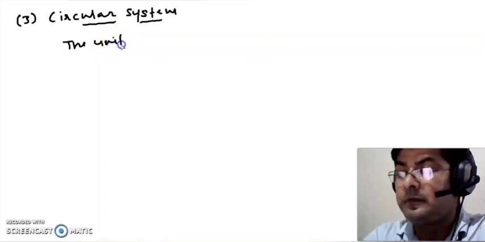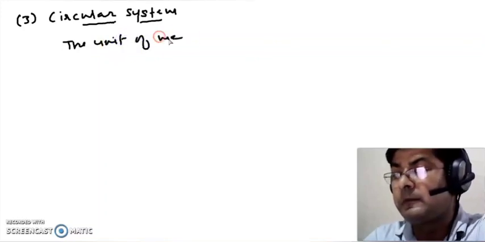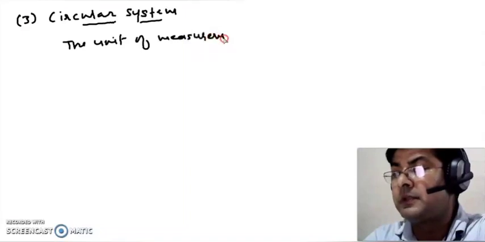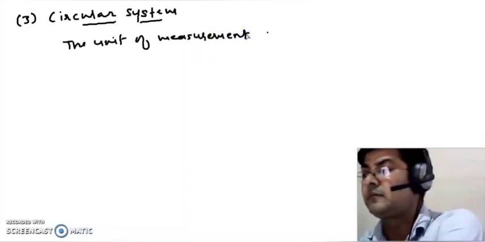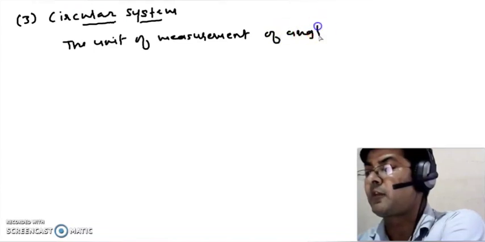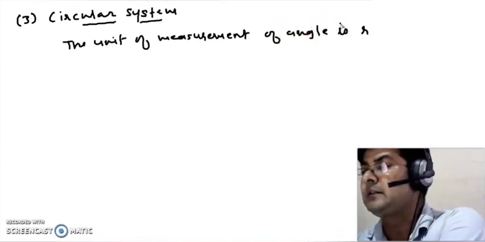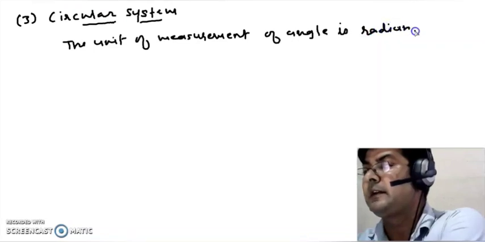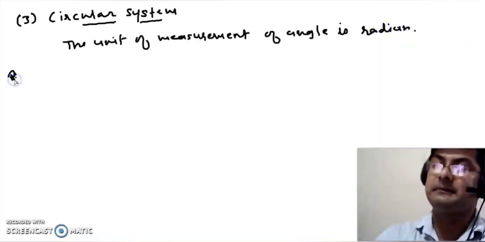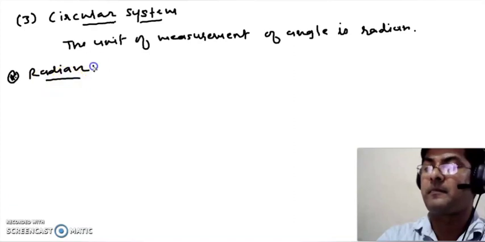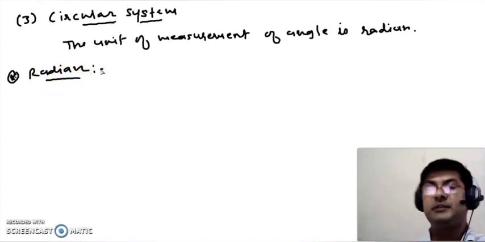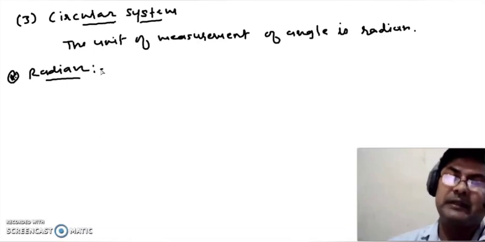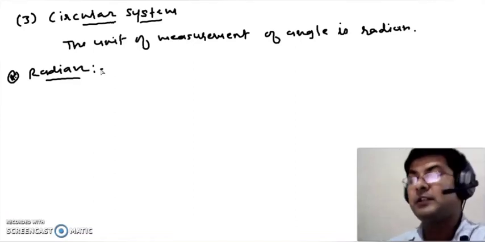The unit of measurement of angle is radian, and we can define radian as, okay, radian is the measure of an angle subtended by an arc of length equal to the radius of the circle.